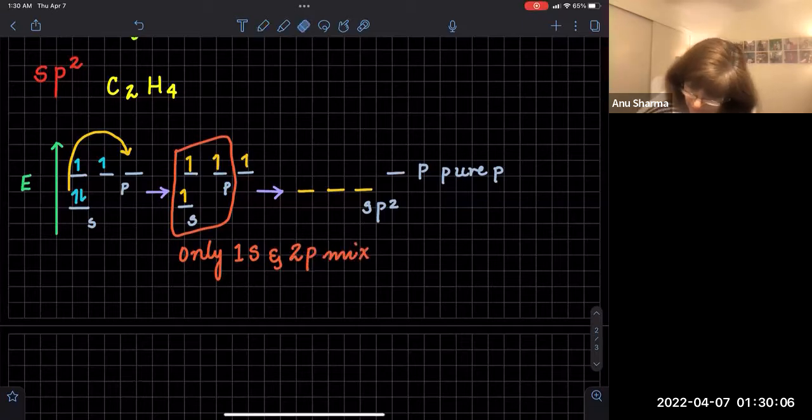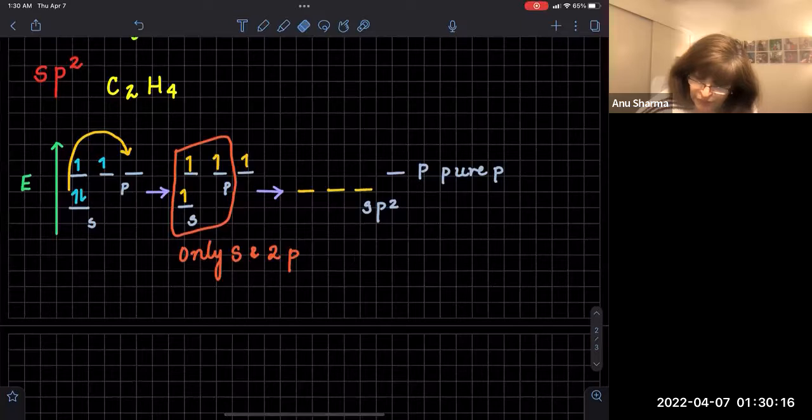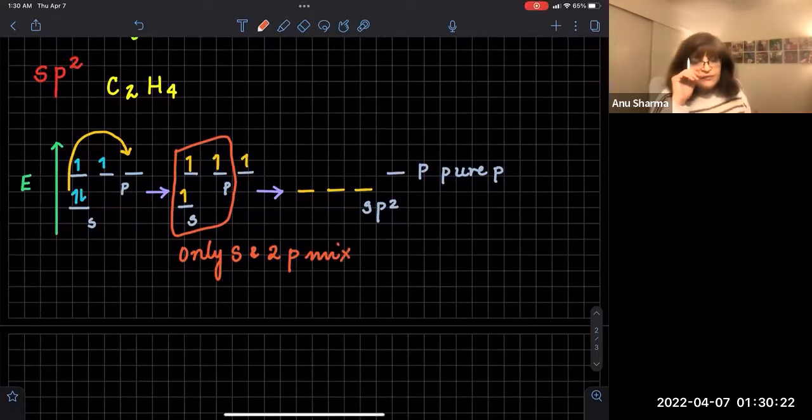I don't want to confuse this. Only S and two P's mix. And when they mix, they form sp2. Just keep in mind that sp2 would be a lower energy state than the P's. That's one piece.